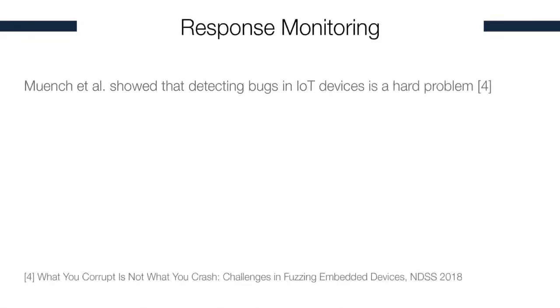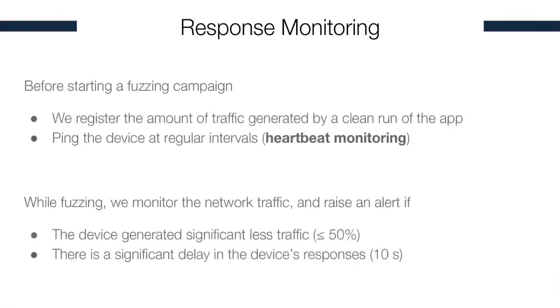However, after fuzzing, identifying whether a device crashed or not is known to be a hard problem, especially when the firmware of the device is not available. To handle this, before starting the fuzzing campaign, we register the amount of traffic generated by each clean run of the app. We also measure the delay experienced for each ping message sent to the device.